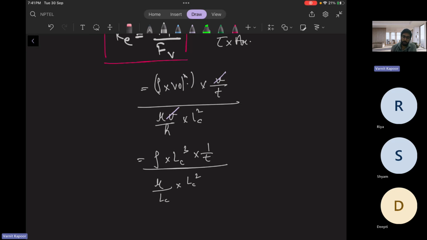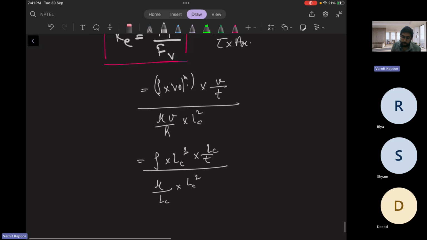Mu V into LC square by LC gives mu V LC. So V is nothing but LC by T. And this is V again. Am I right or wrong?